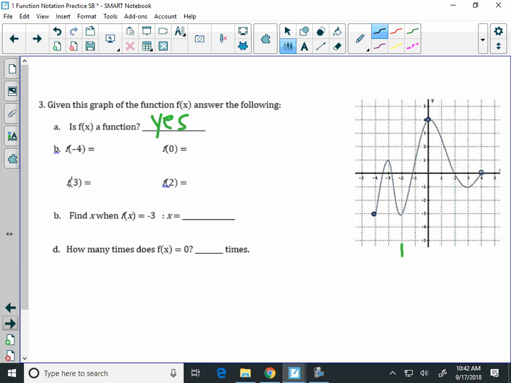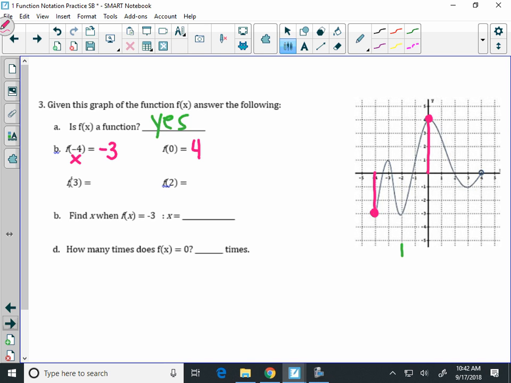Now, I'm going to evaluate points here. F of negative 4. Negative 4 is an x value, so I'm going to go to where x is negative 4 on the graph here. It looks like I have to go down 3 to find an output. Same with 0. If I start at x of 0, I have to go up to 4 to find an output.